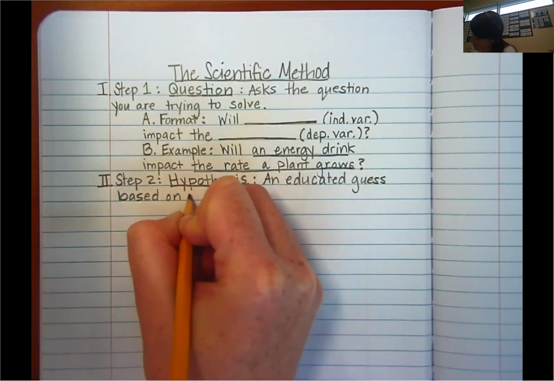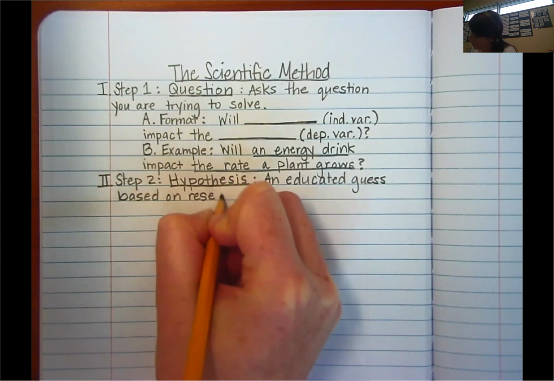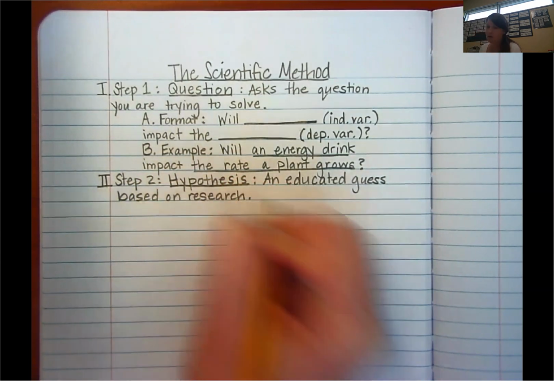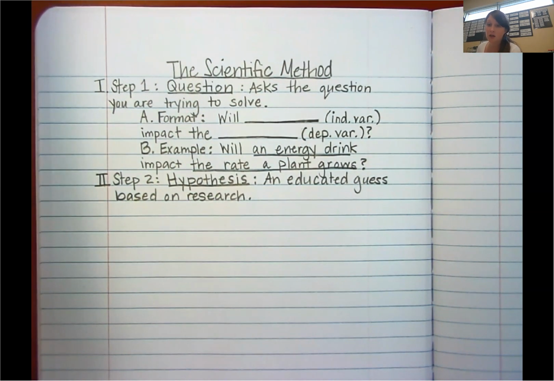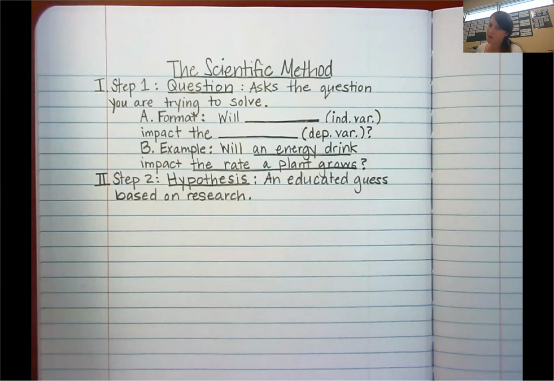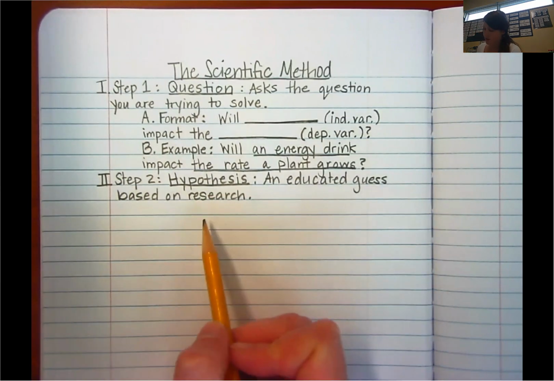That research might be reading something, looking up reliable resources, using the internet, using books. It also could be you might already have some prior knowledge on a topic and you can create a hypothesis based on that. We'll be doing a lot of prior knowledge hypothesis in class, but for the science fair, obviously you would want that to be research based for sure. Okay, an educated guess based on research.